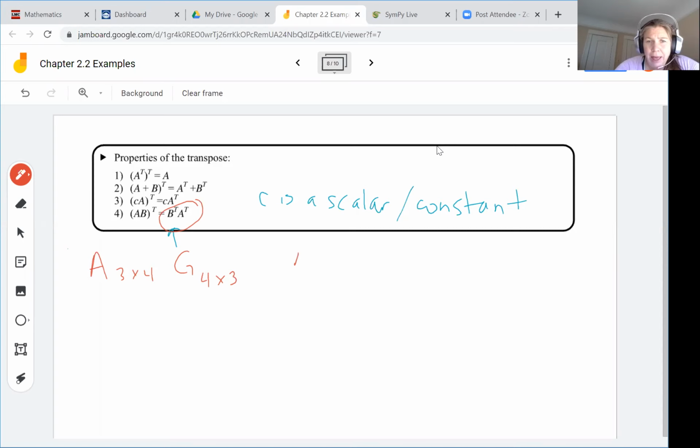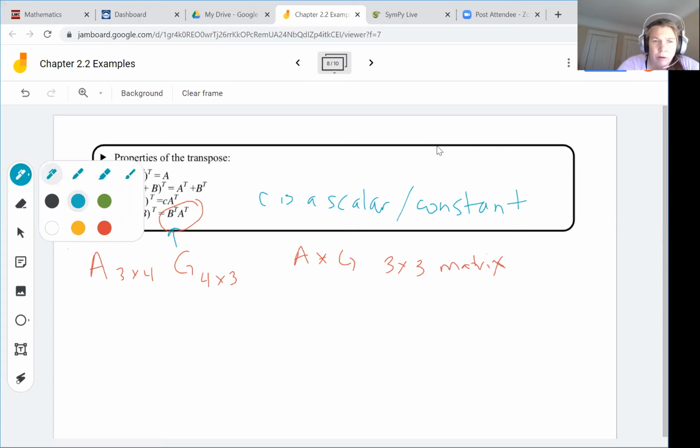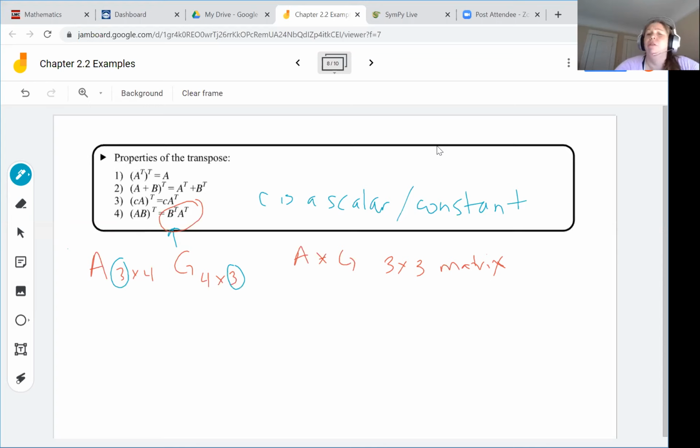So A times G is a 3x3 matrix, because we're taking the rows of A and the columns of G for the dimensions of our matrix product. Then A times G transpose is also a 3x3 matrix.